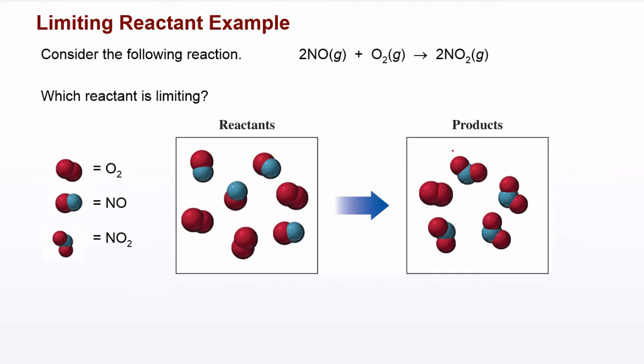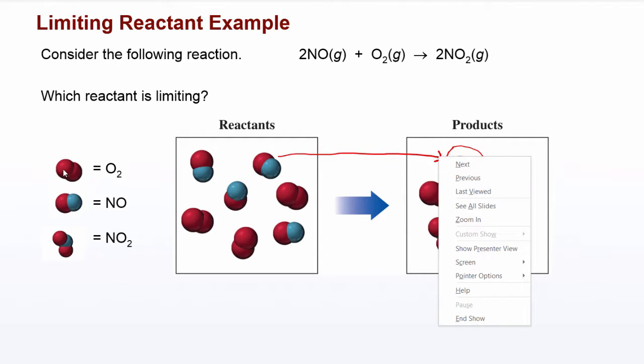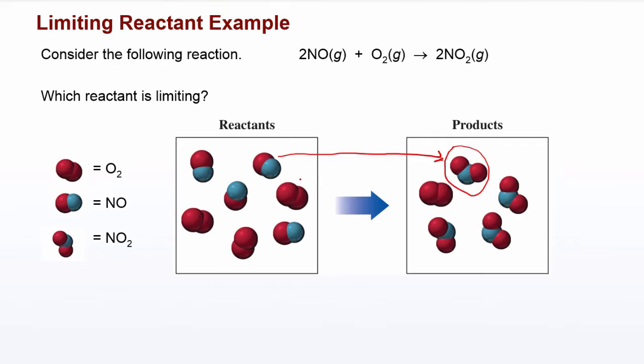So let's look at what it would take to make each one of these, because that's our product, the nitrogen dioxide. So this 1 nitrogen monoxide, and then we'll split this oxygen. So this red ball would go here as well. So this nitrogen monoxide could make this one here, and then we'll take the other oxygen to make that.